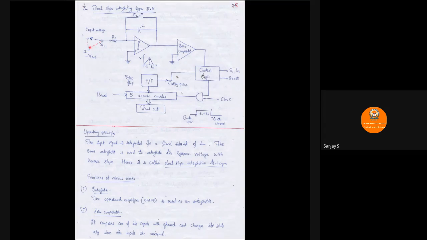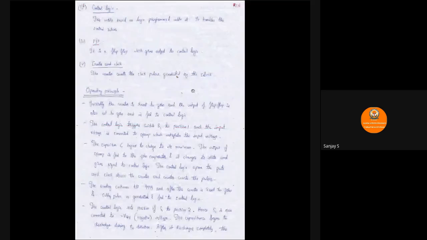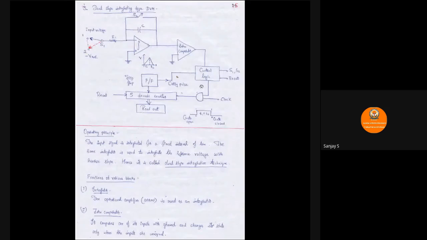Once it is fed to the control logic, it will provide a signal to S1 to be set to position number 1, and the unknown input voltage is connected to op-amp, which integrates the input voltage. So the output of control logic will be fed to S1, giving the signal such that S1 will be connected to position number 1.